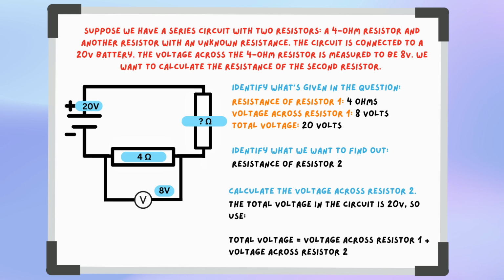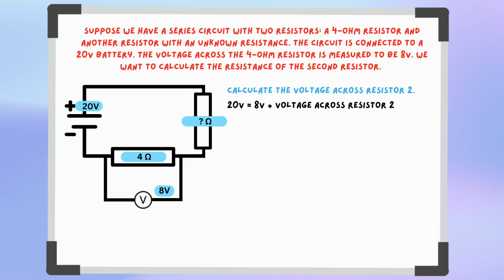The total voltage in the circuit is 20 volts. We know that the total voltage is equal to the voltage across resistor 1 plus the voltage across resistor 2. So 20 volts equals 8 volts plus voltage across resistor 2. Therefore, voltage across resistor 2 equals 20 volts minus 8 volts, giving us 12 volts.